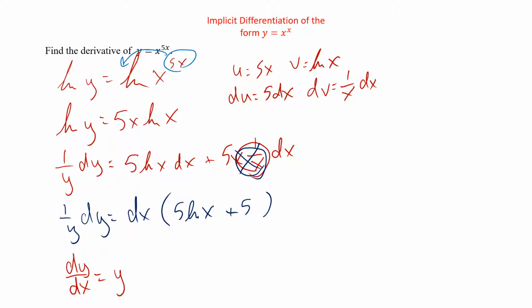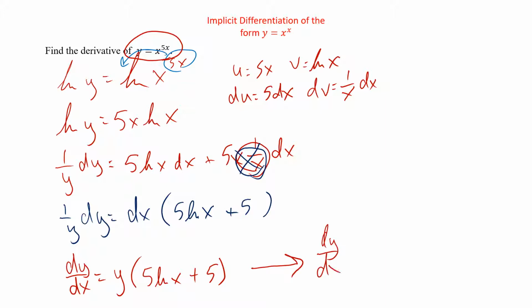So we have y times 5 ln x plus 5. We can plug in y because from the very beginning, y equals x to the 5x. So that means dy over dx equals x to the 5x times 5 ln x plus 5.